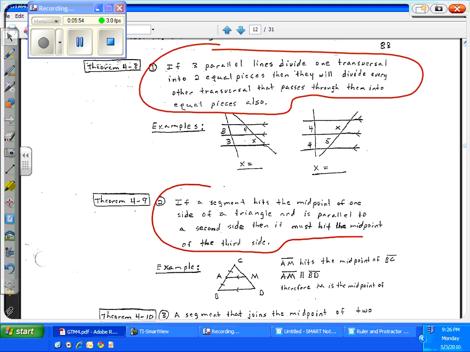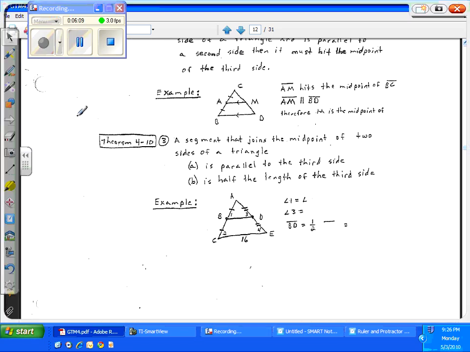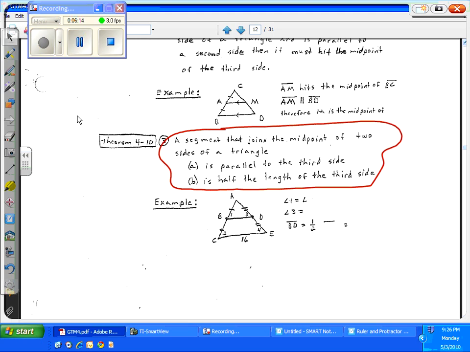If a segment hits the midpoint of one side of a triangle and is parallel to the second side, then we can reach the conclusion that it must hit the midpoint of the third side. And thirdly, a segment that joins the midpoint of two sides of a triangle has two properties. Number one, it is parallel to the third side. And number two, its length is equal to 1/2 the length of the third side.